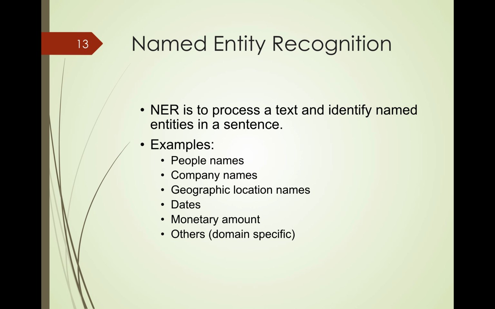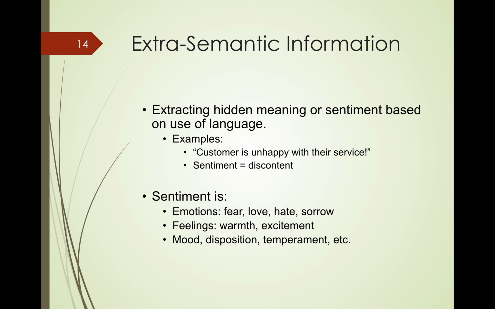You might recognize dates, date formats, dollar, rupee, euro amounts, monetary amounts, or any other domain specific kind. You might want to recognize temperatures or any other measures of numerical quantities.